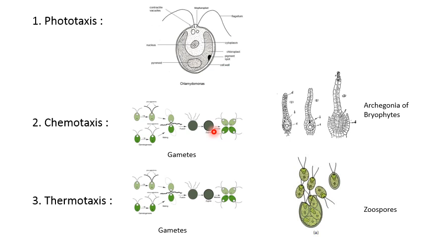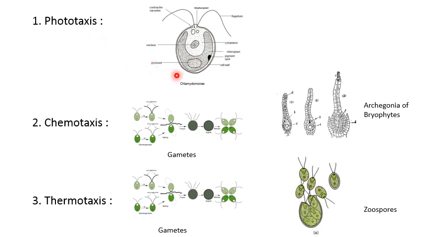The first type is phototaxis. Photo means light. The phenomenon of light-induced movement of locomotion is known as phototaxis. Some algae like Chlamydomonas are photosensitive in nature.